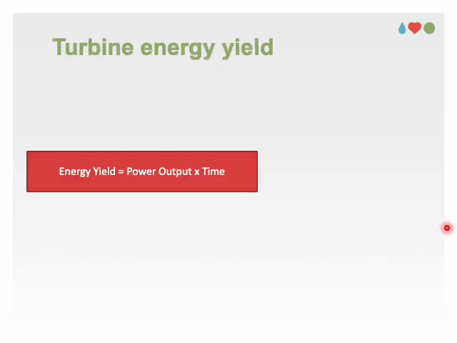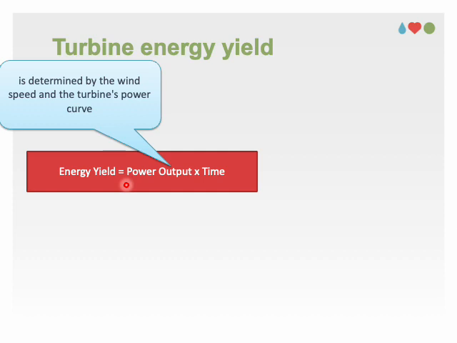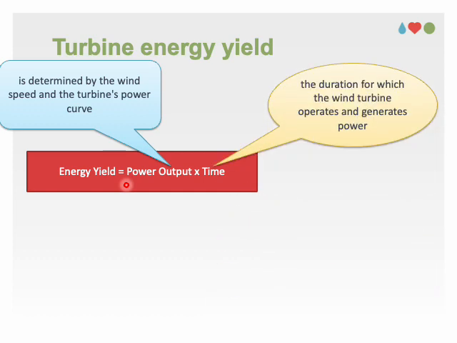The energy yield of a wind turbine is typically calculated using the following formula. The power output is calculated based on the wind speed experienced by the turbine at a specific point in time. The time refers to the duration for which the wind turbine operates and generates power.